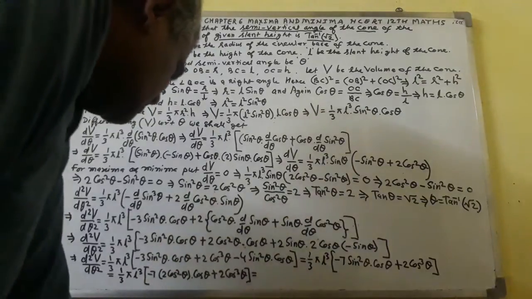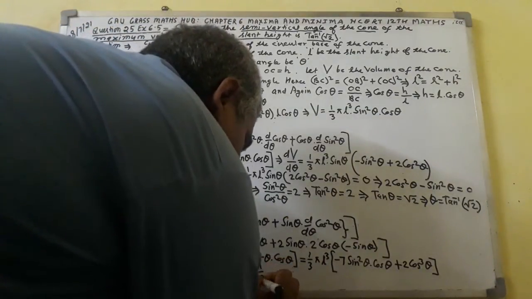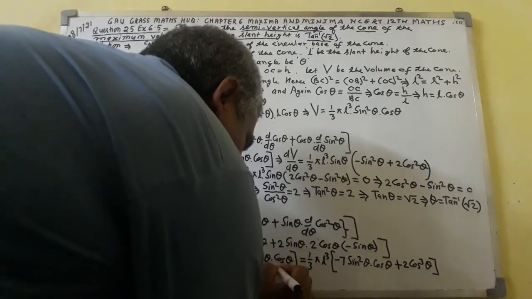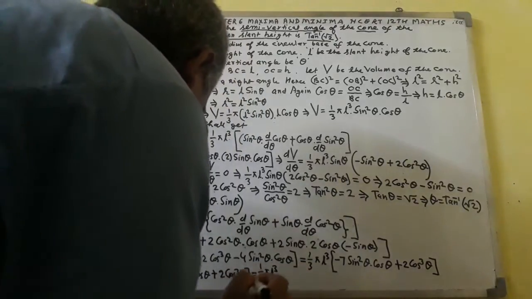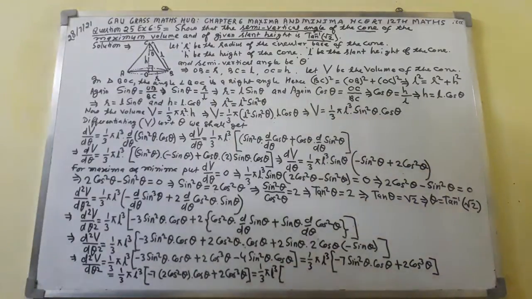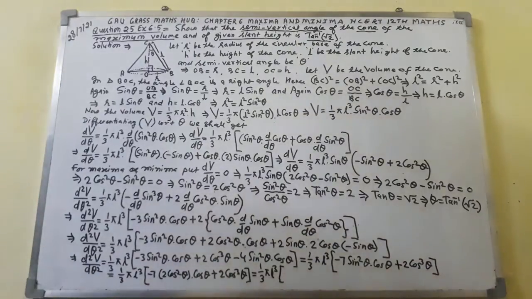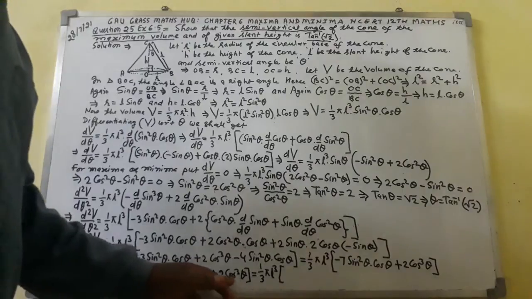Here again I shall write 1 over 3 pi L cube in bracket minus 14 cos cube theta plus 2 cos cube theta.